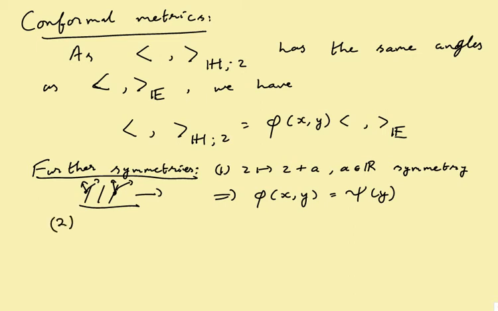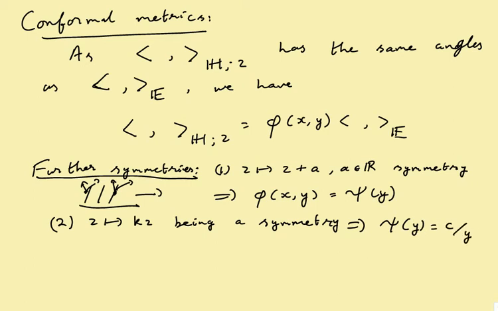And then secondly, z goes to kz being a symmetry implies that phi of y is some constant times 1 over y squared. Let me justify this. Let's take any point and look at a vector here. Now kz will take it to another point above and a much bigger vector, much bigger in the Euclidean sense if k is large.